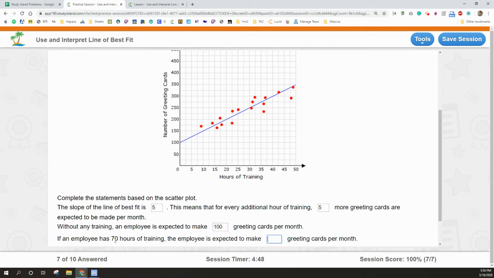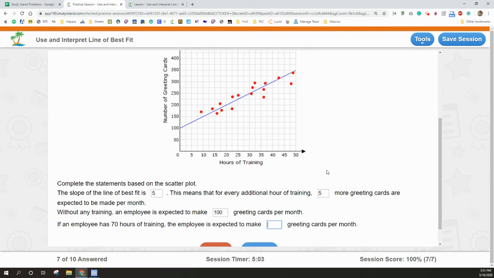Next, if an employee has 70 hours of training, the employee is expected to make blank greeting cards per month. All we have to do is follow 70 hours of training up to the line of best fit, but 70 hours of training is not on our graph. So what we're going to have to do is find out what the equation of this line is, and then plug in 70 hours into that equation.